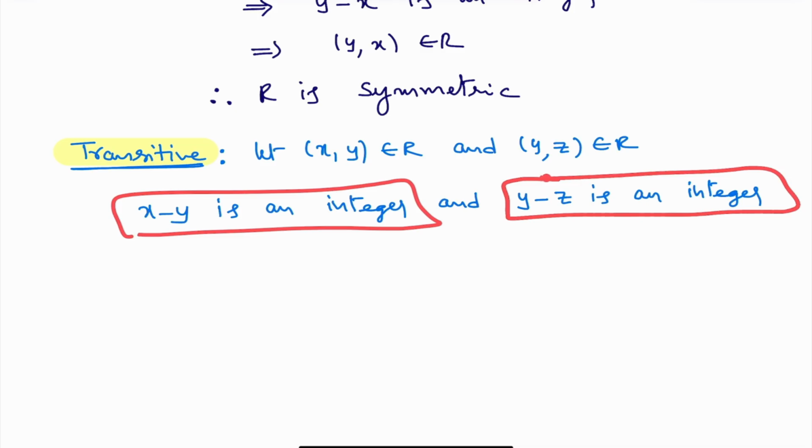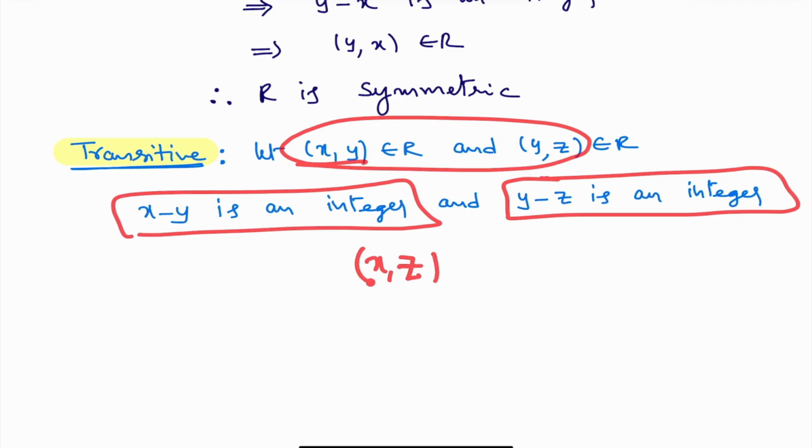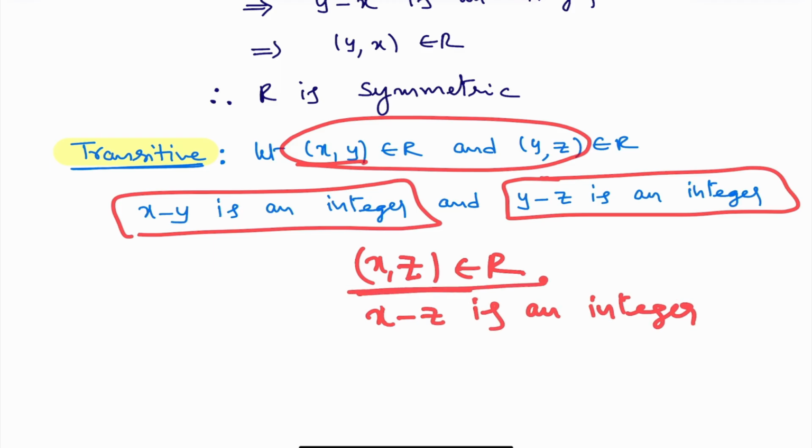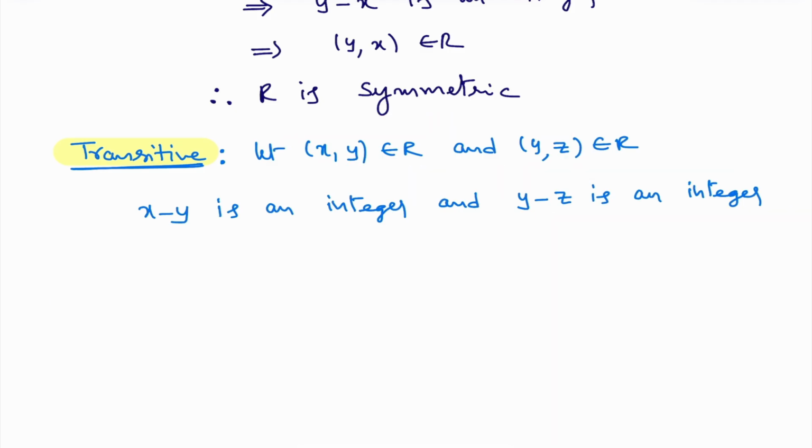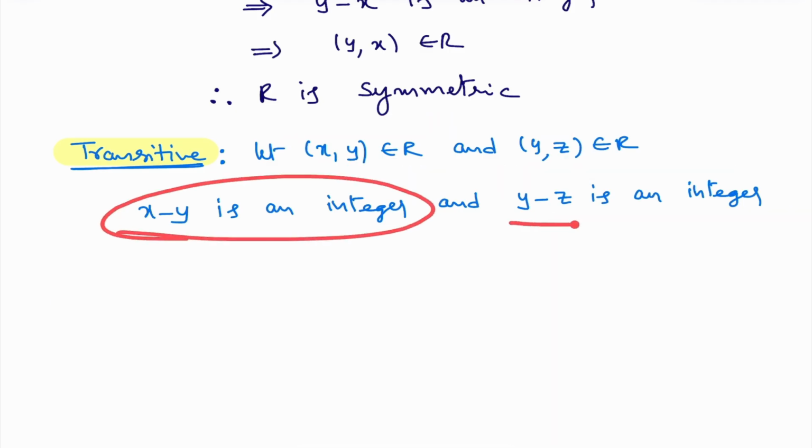So here what do I need to check? I need to check whether x comma z is in the relation or not. It means that x comma z belongs to R if x minus z is an integer. You know, the addition of two integers is again an integer.